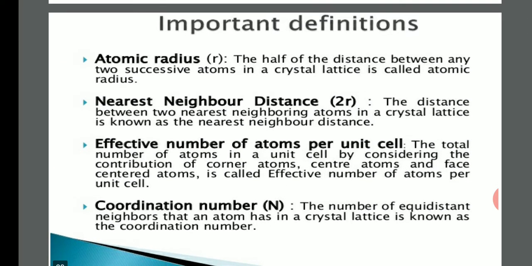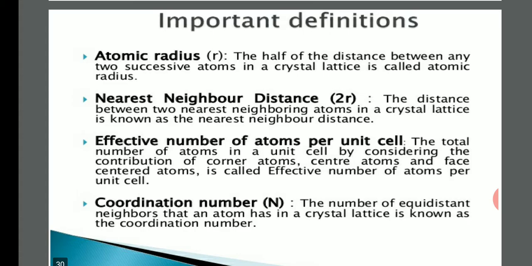Now, important definitions. Atomic radius means half of the distance between any two successive atoms in a crystal lattice. Nearest neighbor distance: the distance between two nearest neighbor atoms in a crystal lattice is known as the nearest neighbor distance.